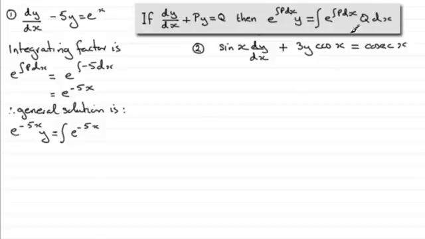Q is a function of x, and in this example it's e to the power x, so this is multiplied by e to the power x, and we integrate this all with respect to x.